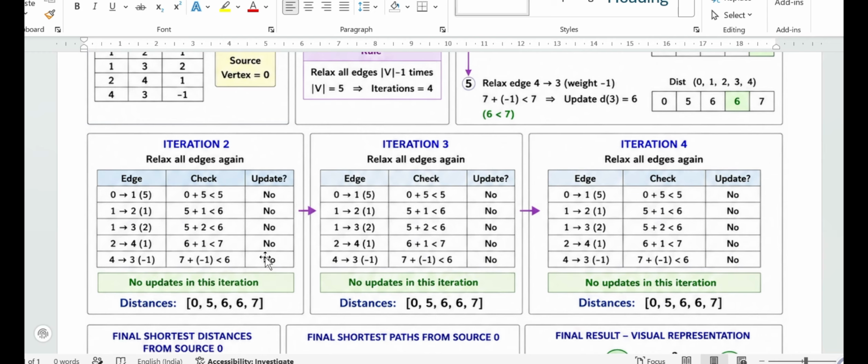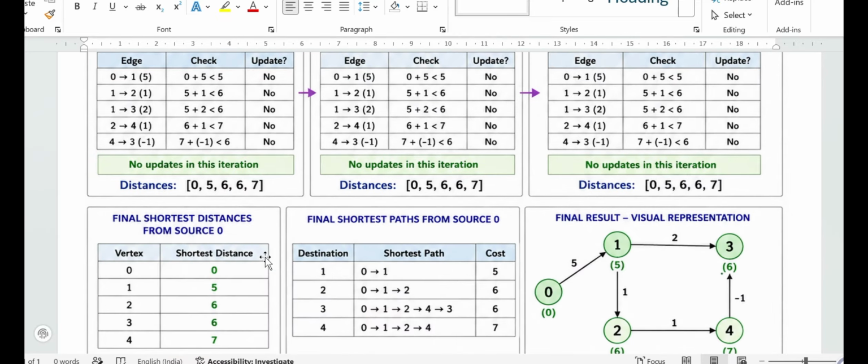The actual concept is we need V minus 1 relaxations, but not in all cases should we perform V minus 1 times. If some relaxation step has no changes in the given graph, just stop the process. That is the final answer.